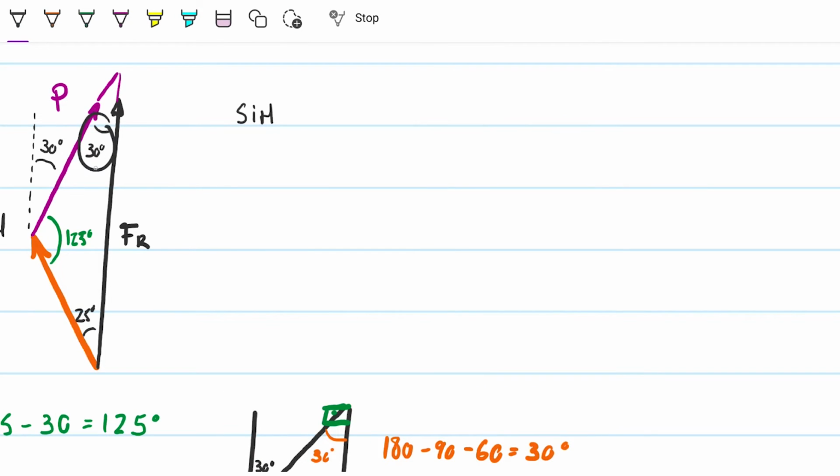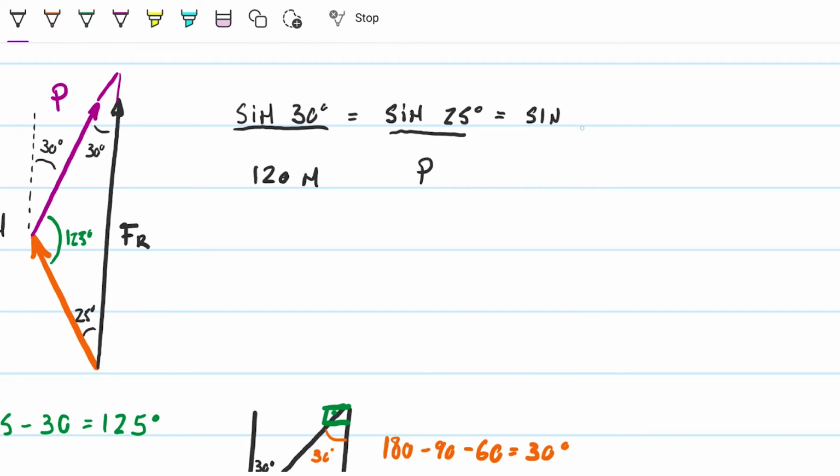We know that the sine of 30 over the corresponding side, which is my 120, so sine of 30 over 120 newtons equals the sine of 25 over the corresponding side, which is P, which is equal to the sine of the one that's left over, the 125, divided by the FR. So note that I have two equations and two unknowns. Okay, and therefore very easy to solve and very straightforward.